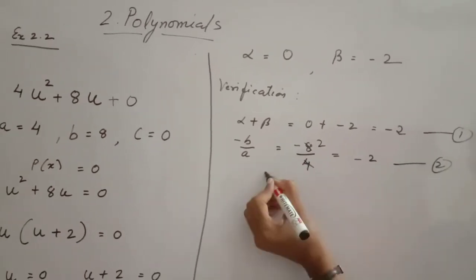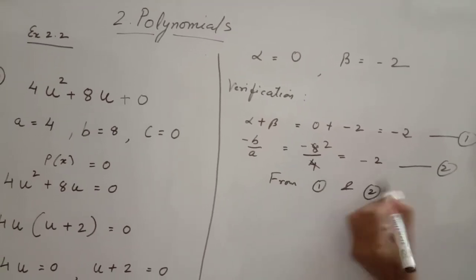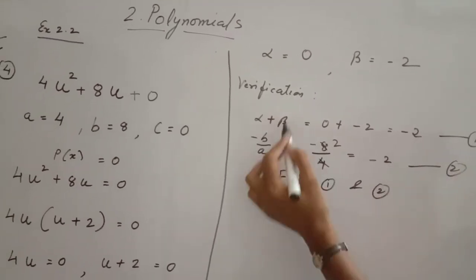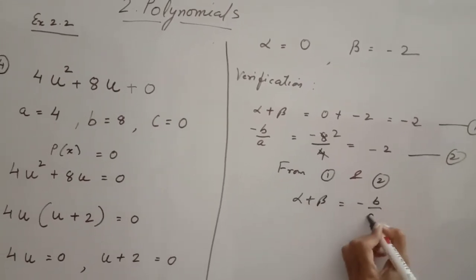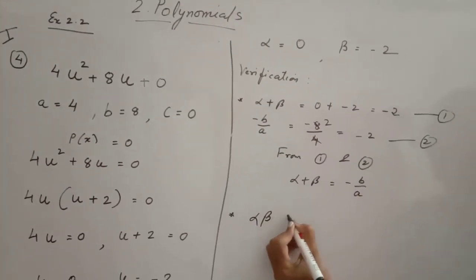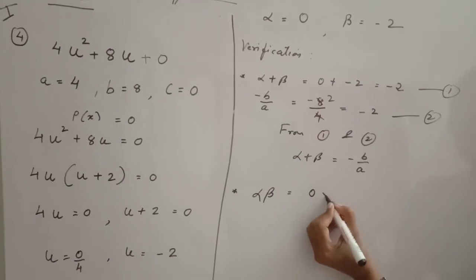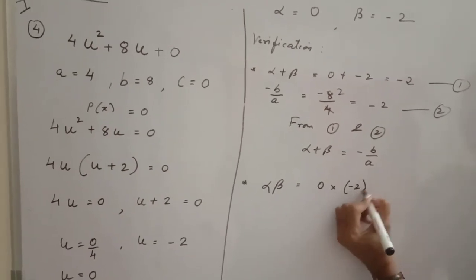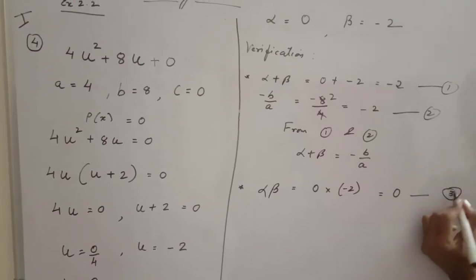So this get divided, I will get minus 2. So from 1 and 2, this is minus 2, this is also minus 2. So we say that alpha plus beta equal to minus b by a. Now alpha into beta. What is alpha? 0. Into what is beta? Minus 2. So 0 into minus 2 is 0. So this is my third.